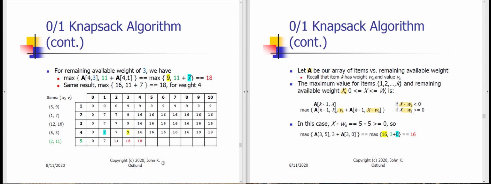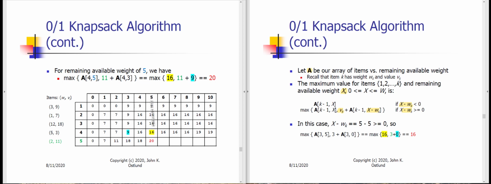Continuing on with this, if we have 3 units of available space, then we can get 11 from item 5 plus 7 from the previous items to give us a maximum value of 18, which is certainly greater than 9. The same thing is true if we have 4 units of available space. We also end up computing an 18.